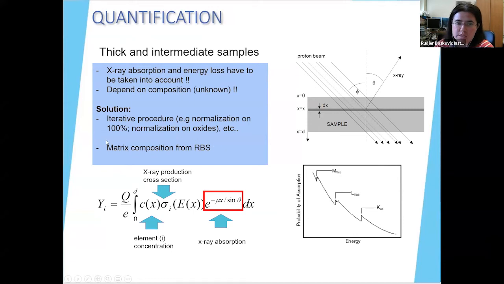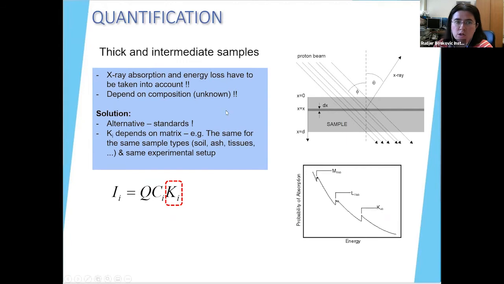And also, since PIXE can be combined with other ion beam techniques, for example RBS, you can determine the matrix composition. For example, you can see light elements that are not visible with PIXE, and from that you can obtain the composition of the sample, from which you then determine the attenuation of X-rays.